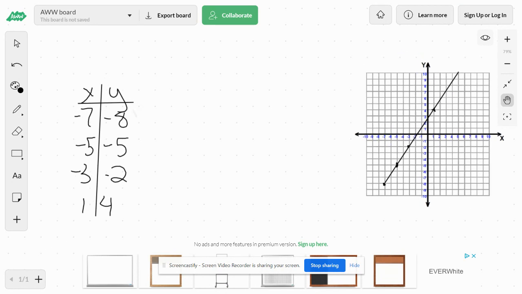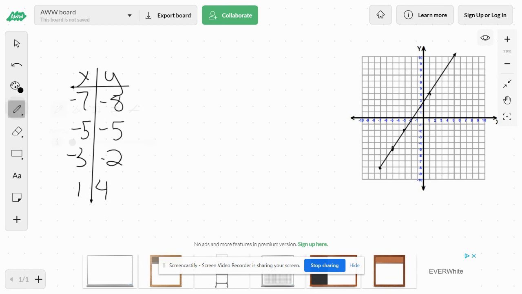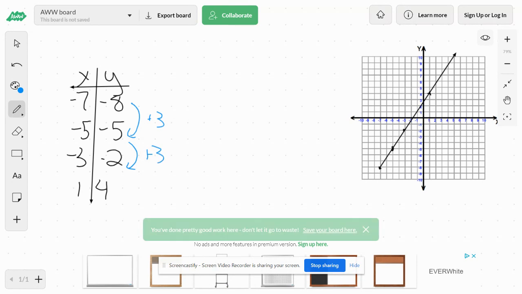And I can check. Oops, hold on. Change the color here. So my changes in y, that's a +3, +3. That's +6. But when I go over here, I have +2, +2, and +4.